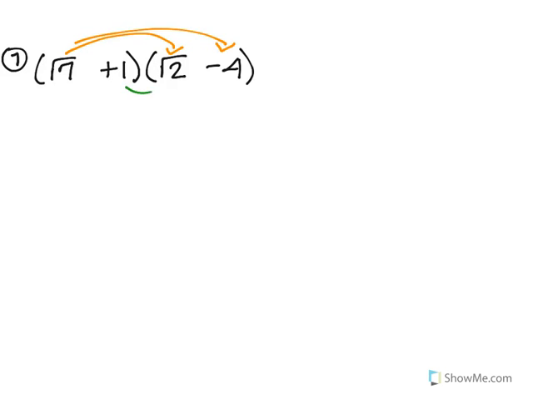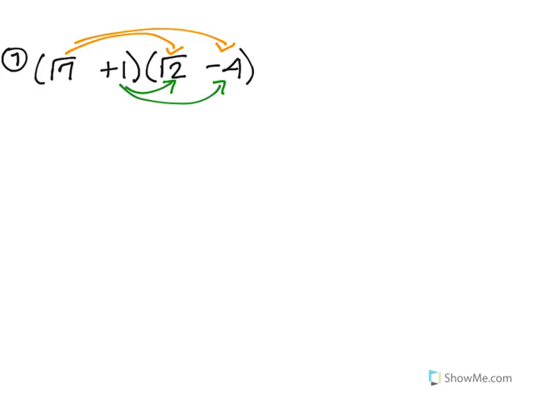Let's look at number 7. Open parenthesis, the square root of 7, plus 1, close the parenthesis, times, open parenthesis, square root of 2, minus 4, close the parenthesis. Same setup. We're going to multiply by the square root of 7, and then we're going to turn around and multiply by 1.